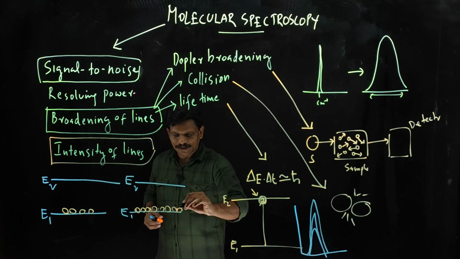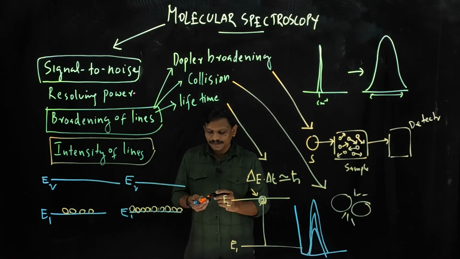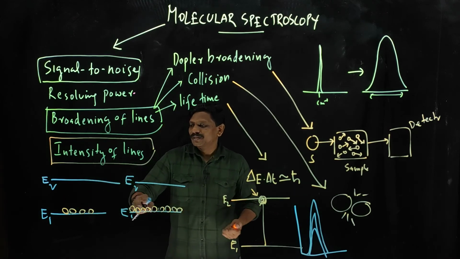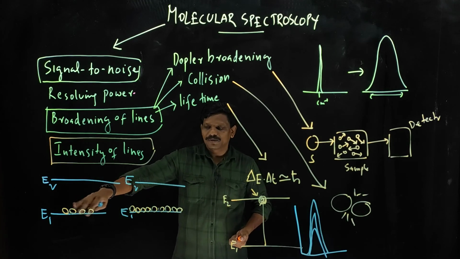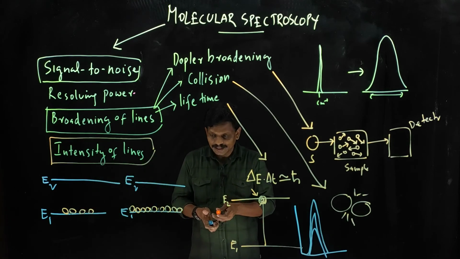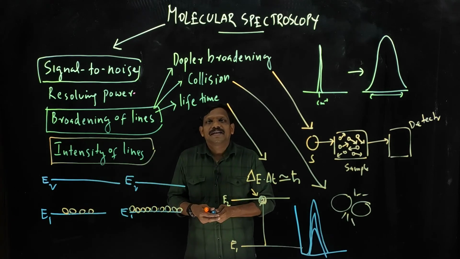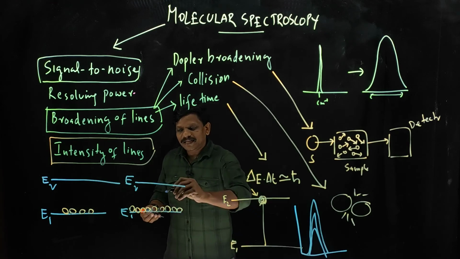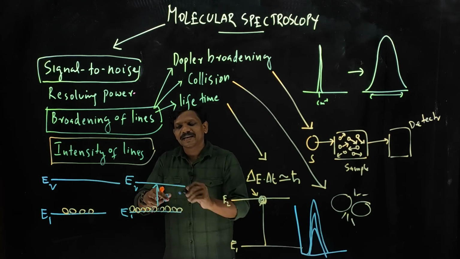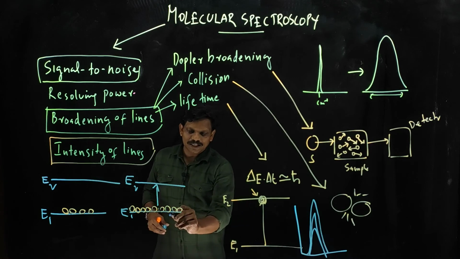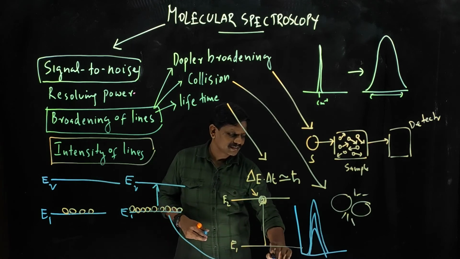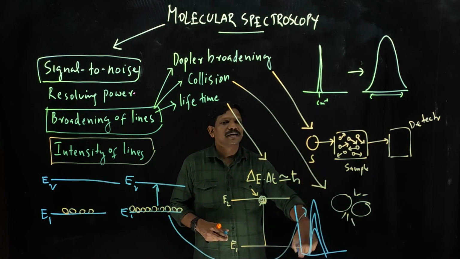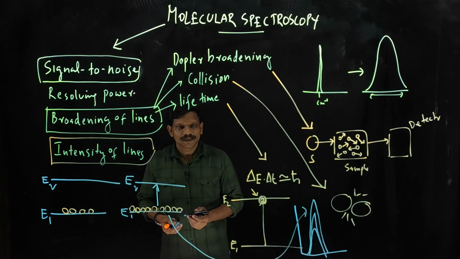You see the difference between these two. Here a small number of molecules are in the ground level, here a large number of molecules are in the ground level. So where is the transition probability very high? Transition probability of molecules is very high here. Such a transition will result in a highly intense spectra.